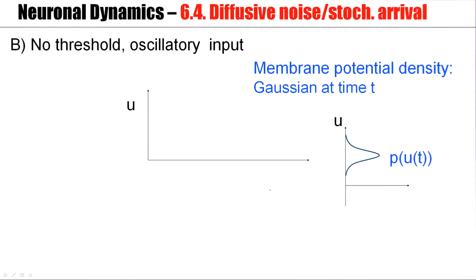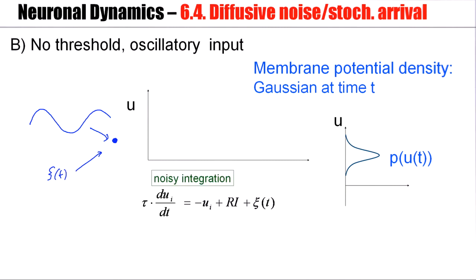Second example. As before, there is no threshold, but now we have an input to the neuron, which is oscillatory. And I add to this input a noise term with zero mean. Now, integrating this oscillatory input will give rise to an oscillation of the membrane potential with the same frequency.